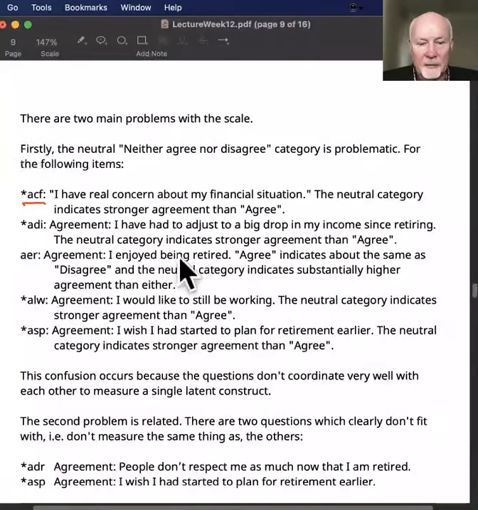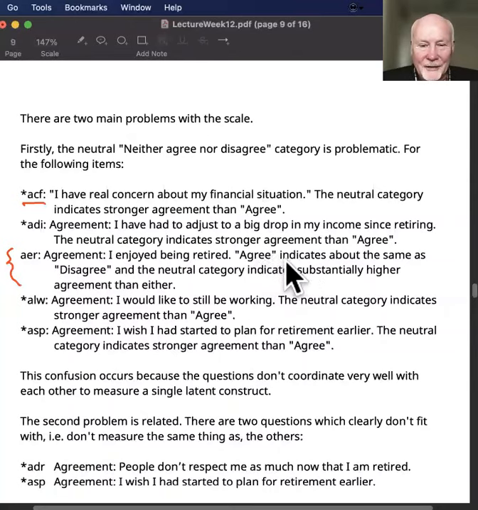So what I found was that, with ACF, if you take the questionnaire as a whole, choosing the neutral category for that question actually indicated stronger agreement or stronger retirement satisfaction than choosing agree. So agree and neutral were kind of swapped around in terms of their ability to measure retirement satisfaction. And that was true for nearly all of the others. There was one here where, which was it? Oh, this one. So AER was a real mess.